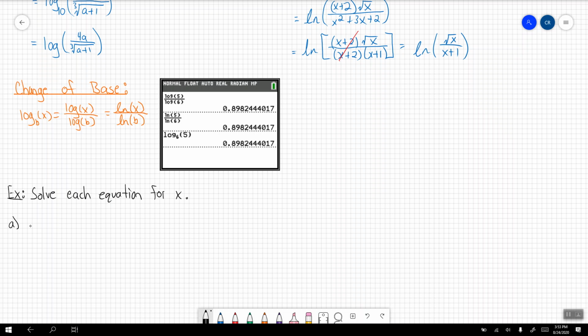Part A is going to be the natural log of x squared minus 1 is equal to 3. Part B is going to be e to the power of 2x minus 3e to the x plus 2 is equal to 0.